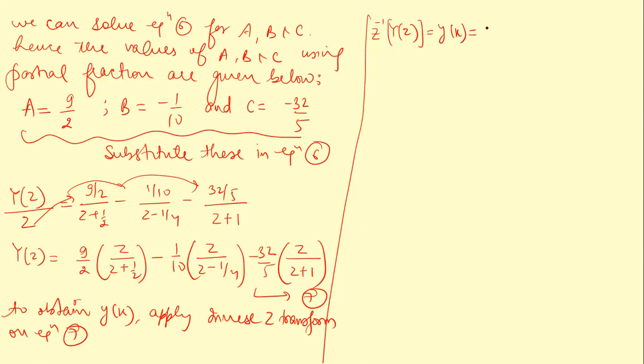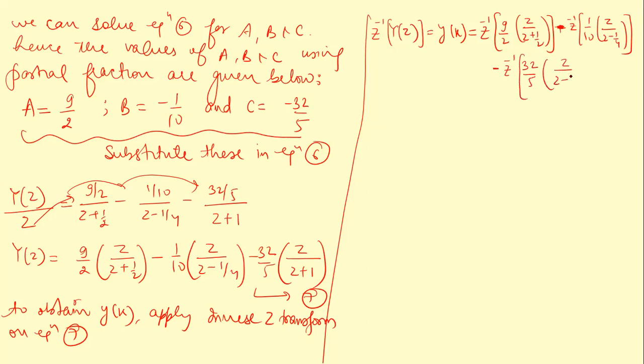So it is inverse z transform of this one. So we'll apply it on each part, z upon z plus 1 by 2 minus z inverse of 1 by 10 z upon z minus 1 by 4 minus z inverse of 32 by 5 z upon z plus 1, right?